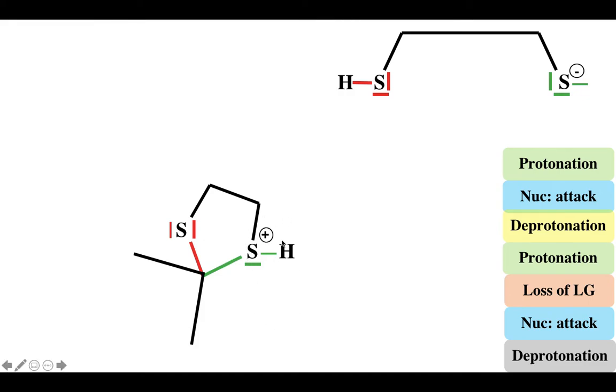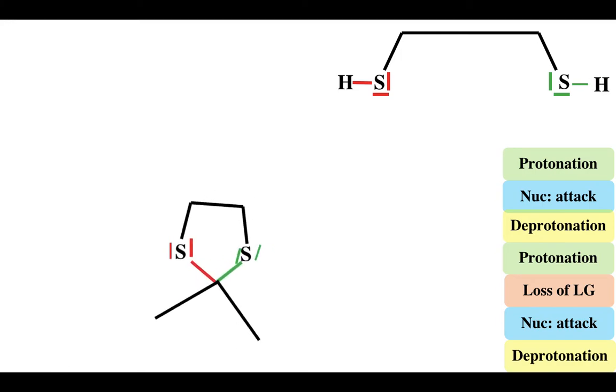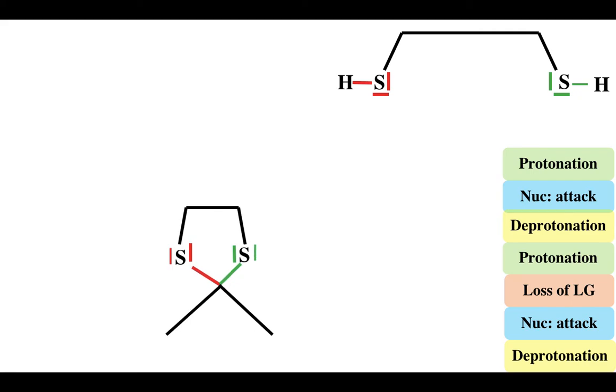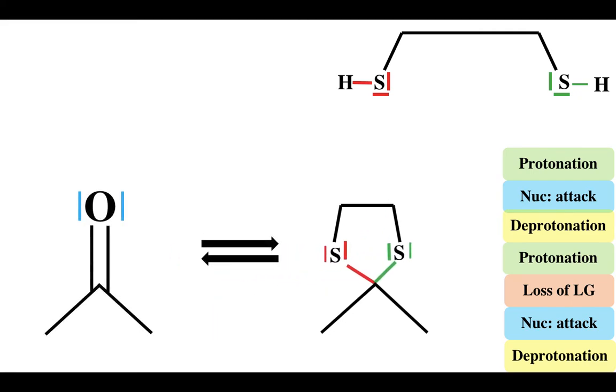So in order to remove the activated form, we allow our base over here to accept the proton and remove that positive formal charge. So this, my dear students, is a cyclic thioacetal, and we formed it using EDT, ethane dithiol, 1,2-ethane dithiol, from our carbonyl group.